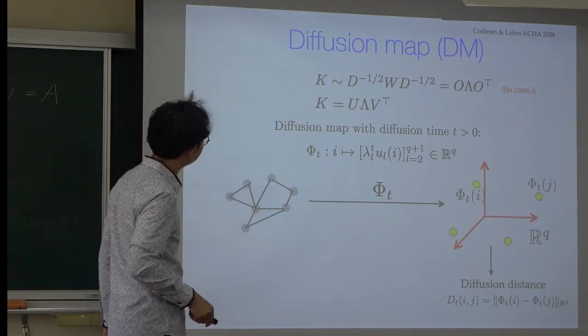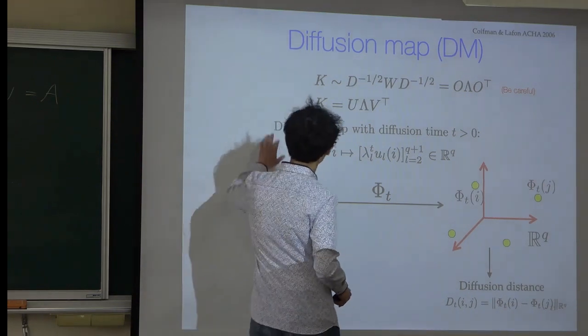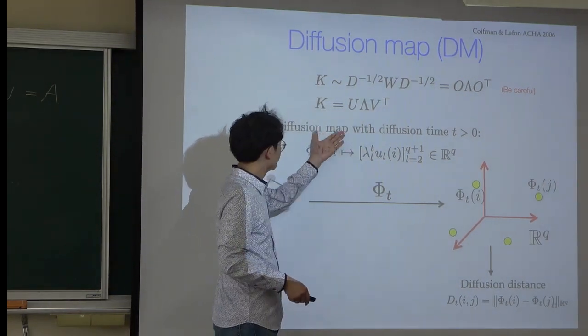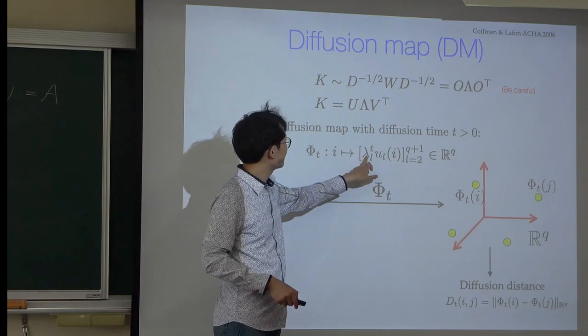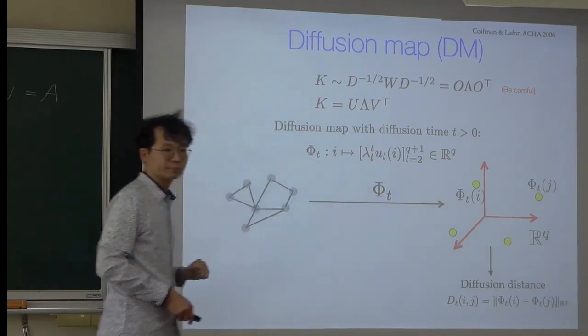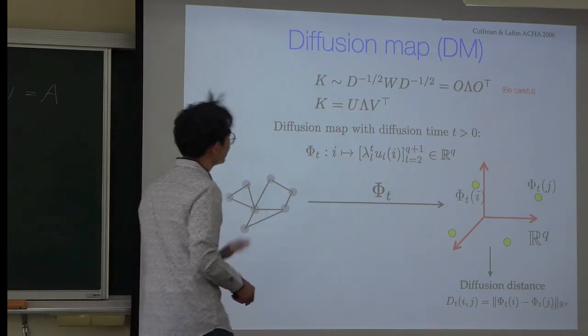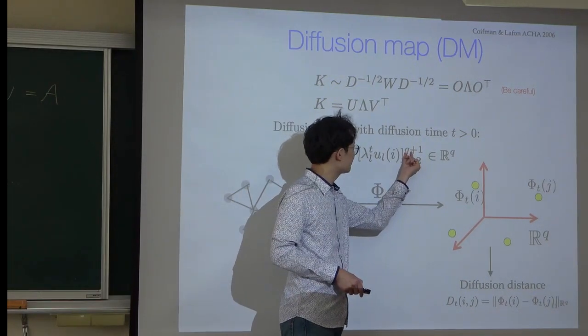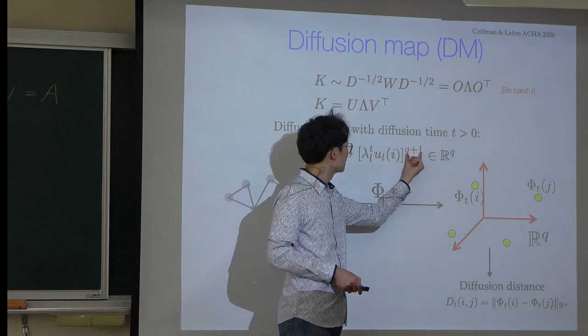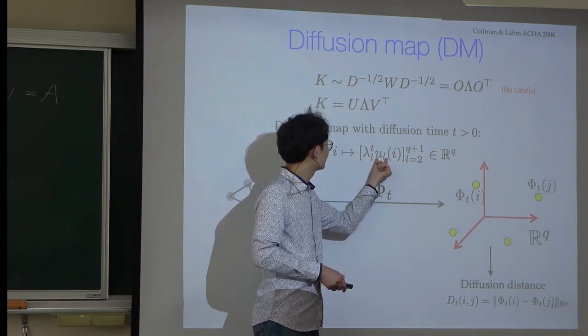And you have the diffusion map, which is defined using the eigenvalues and the eigenvectors. Not really all; you use the top Q non-trivial eigenvectors.